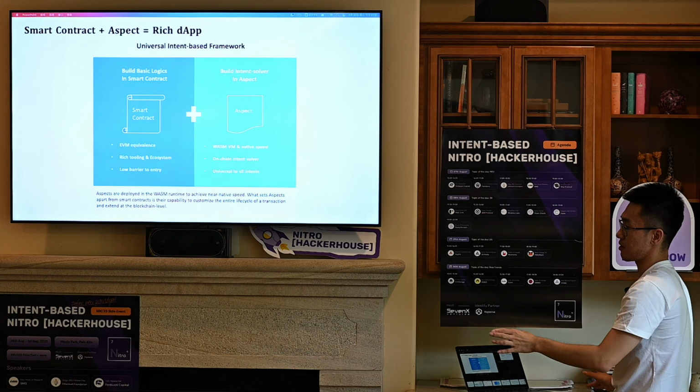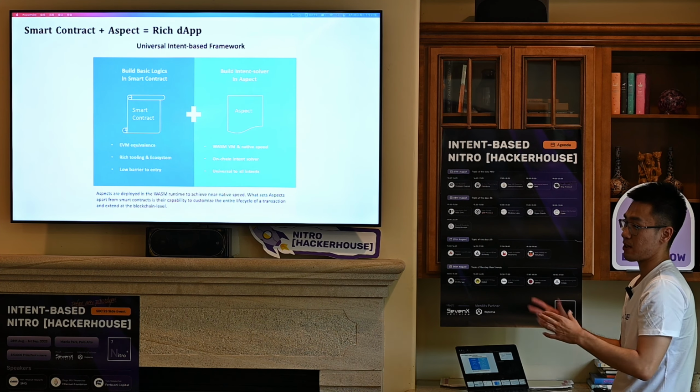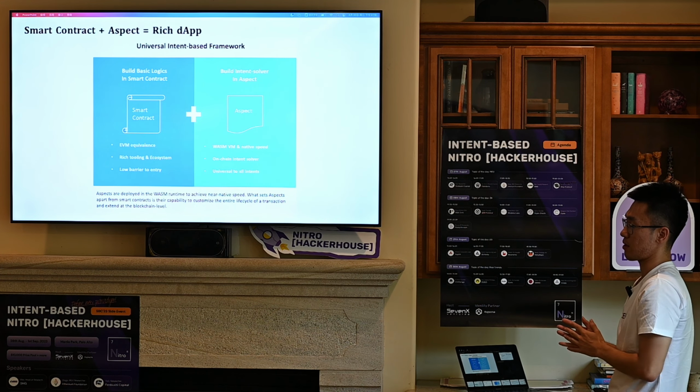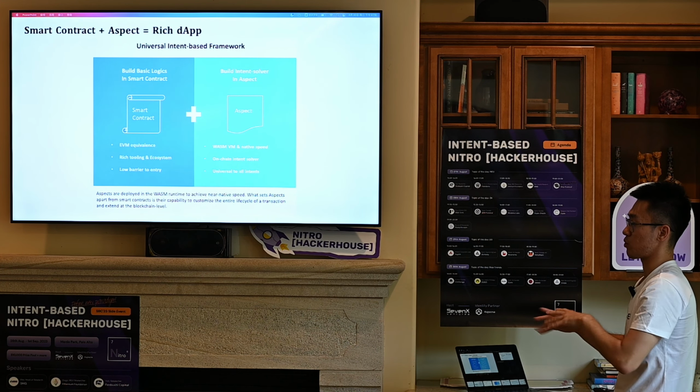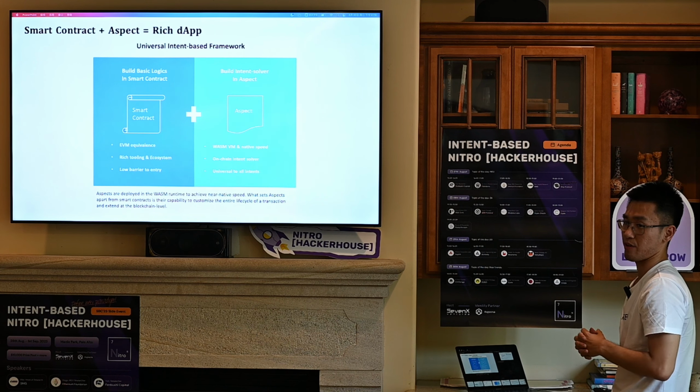So all DEXs, even if they are not as good as Uniswap or maybe a new one, can use this kind of design. They can just write their business logic and don't need to worry about a similar hook design or something like that, because we can achieve it for them.